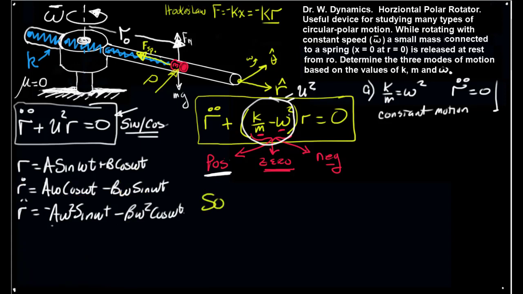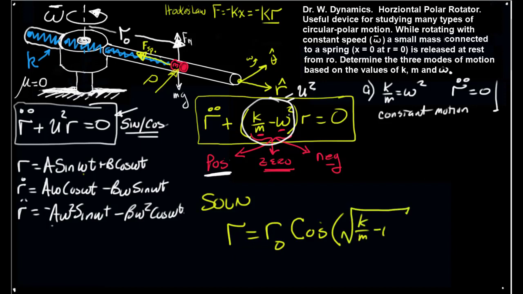So our solution will be that R is R0 cosine of omega t, where omega is the square root of K on M minus omega squared.